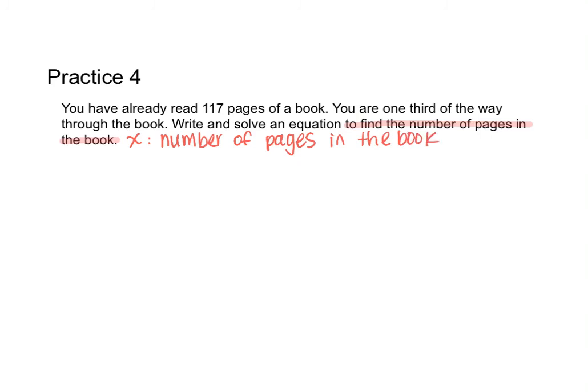Okay, now that we've identified that x is the number of pages in the book, it says that we've already read 117 pages of the book. You are 1/3 of the way through the book. So if we take 1/3 times the total number of pages in the book, that should be equal to the pages we've already read, which is 117. Okay? We can multiply both sides by 3/1.